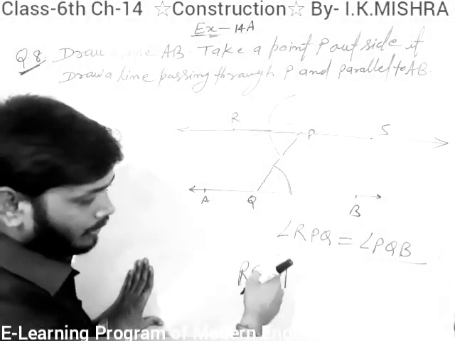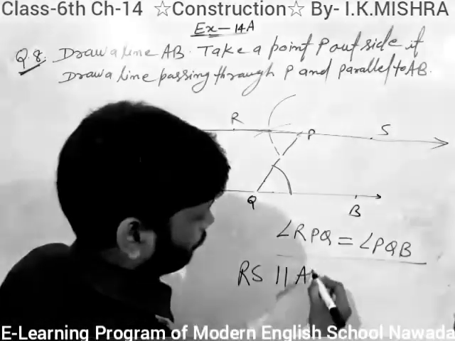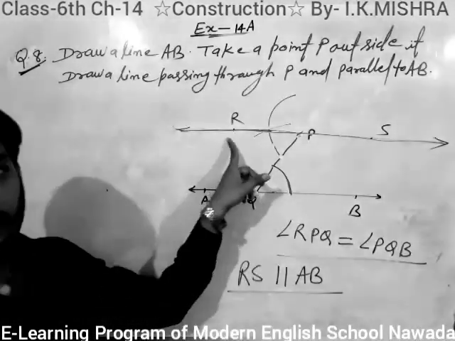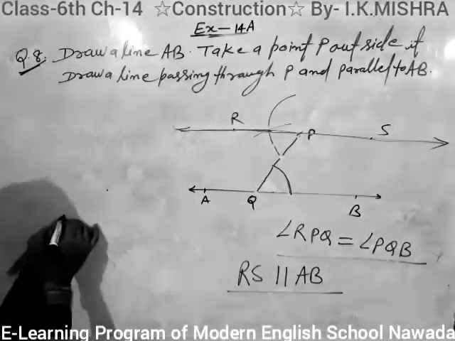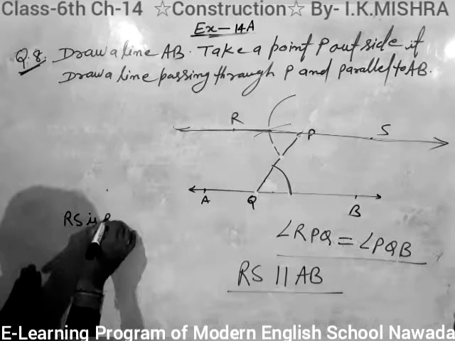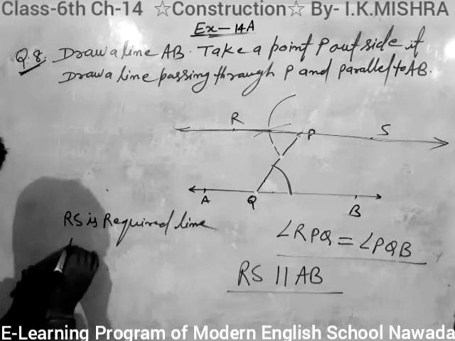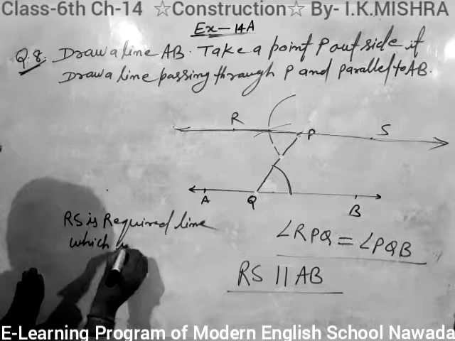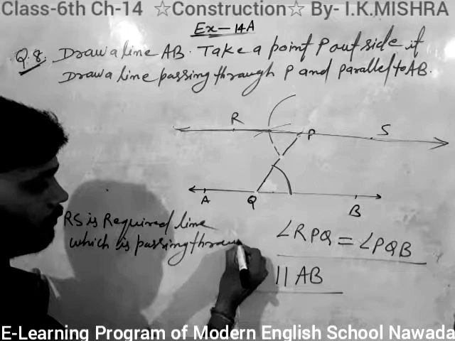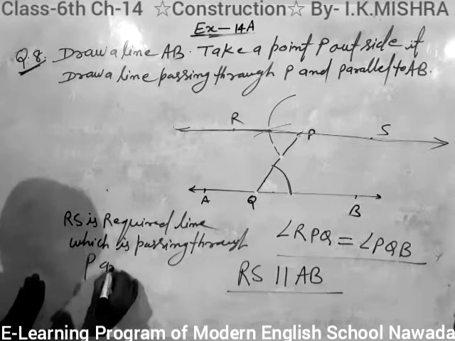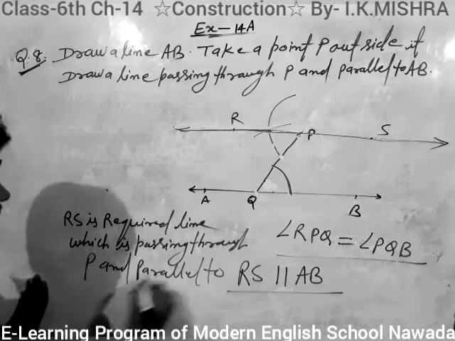Parallel. Understand? I think you know this symbol is used for parallel. RS is parallel to AB. That means the line RS is passing through P. So friends, RS is the required line which is passing through P and parallel to AB.